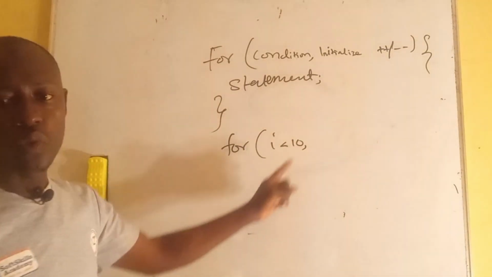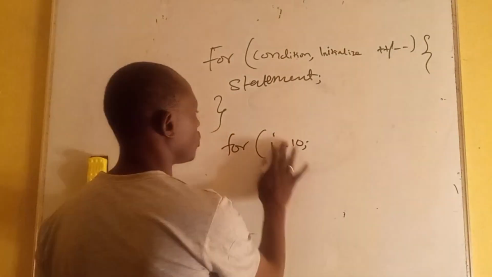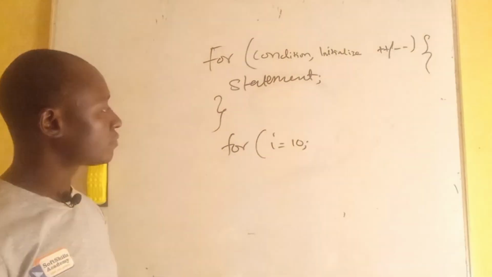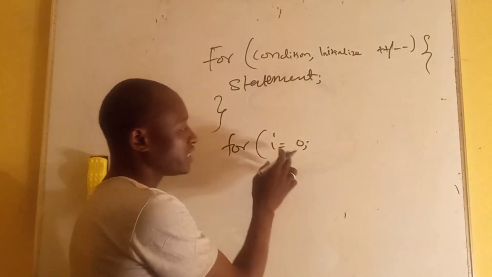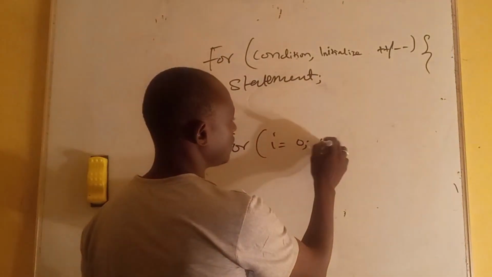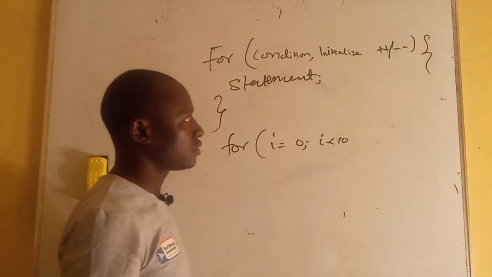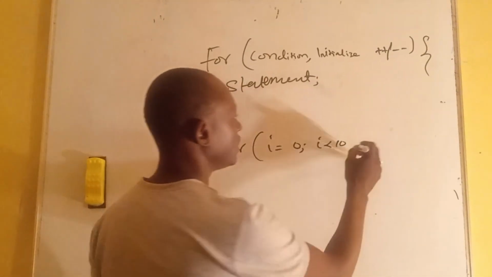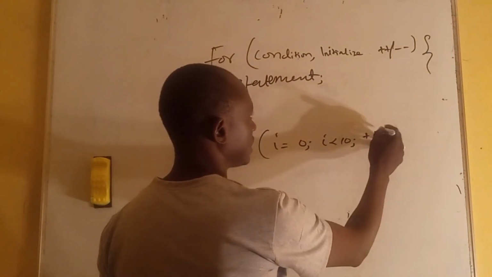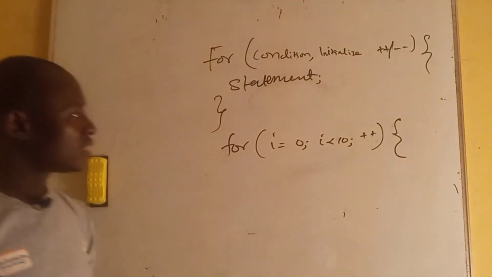So we initialize first: we set I equals to 0. We now set if our I is less than or equals to 10. If our I is this, then you have plus plus. Once it is less than this, it should print a certain statement. Are we together?